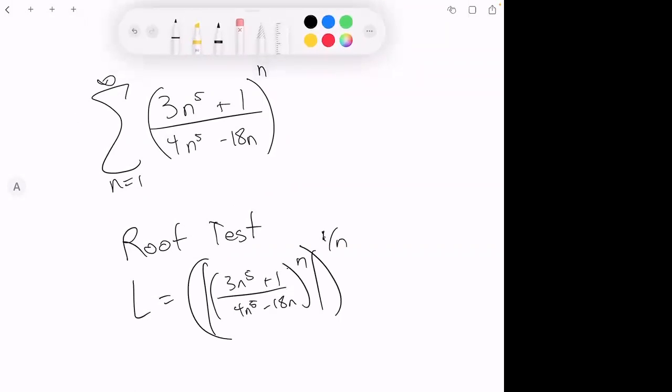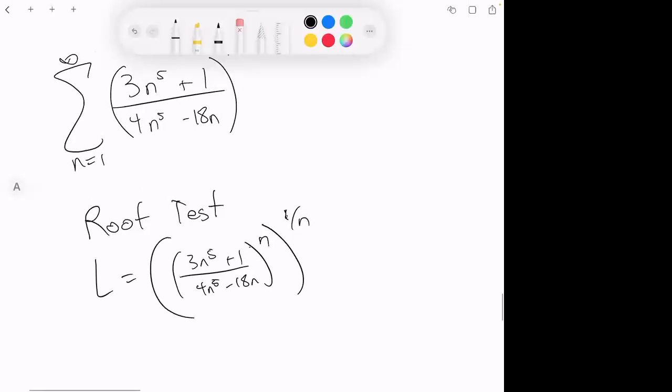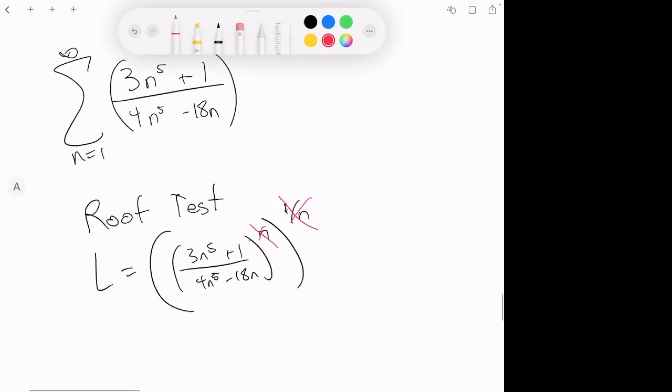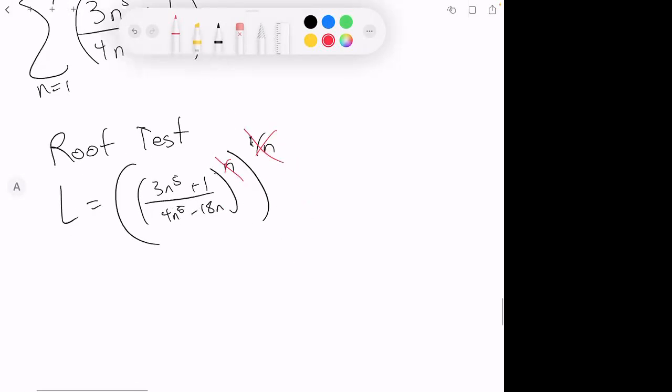Don't really worry about the absolute value, because in the limit they're positive anyway. The nth power and the 1 over n cancel each other out, so you only need to find this limit, which is far, far easier without that big power of n.